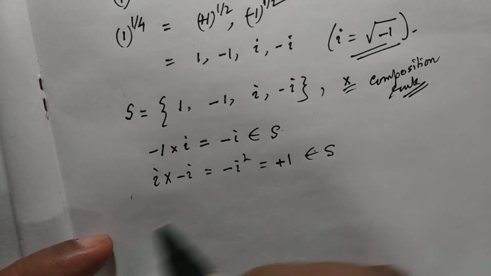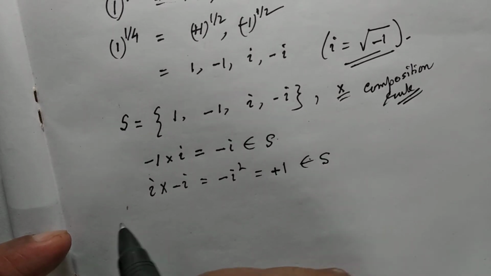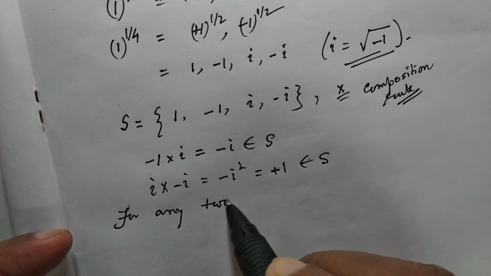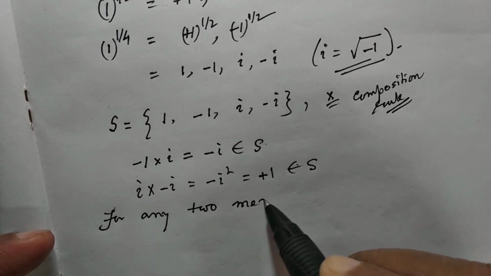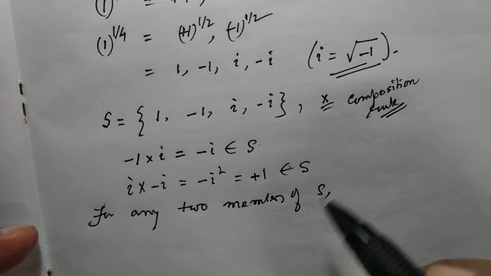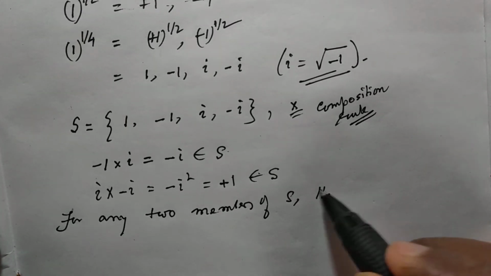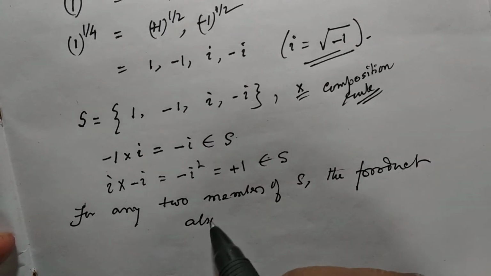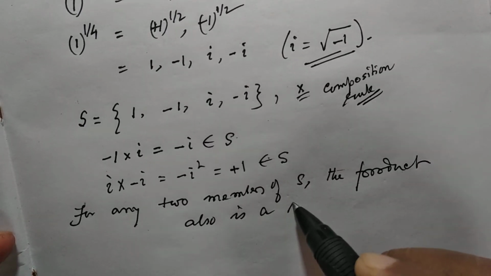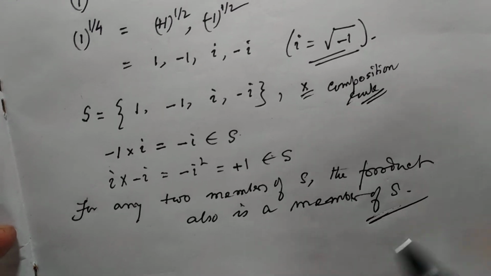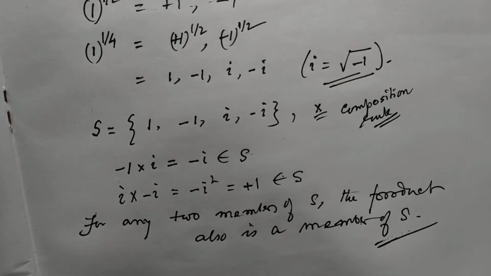In this way, it will be found that for any two members of S, the product also is a member of S. This property is known as closure property.